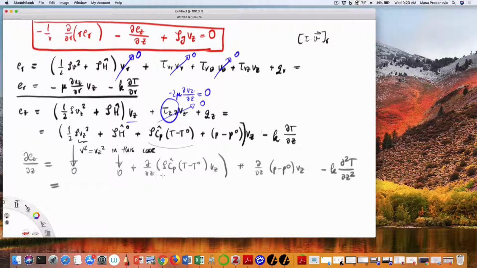And just to completely derive it, since partial z of Vz is equal to 0, this comes down to rho Cp dT/dz Vz. Yes? And in this term here, that is dp/dz times Vz, and minus k d squared T/dz squared.